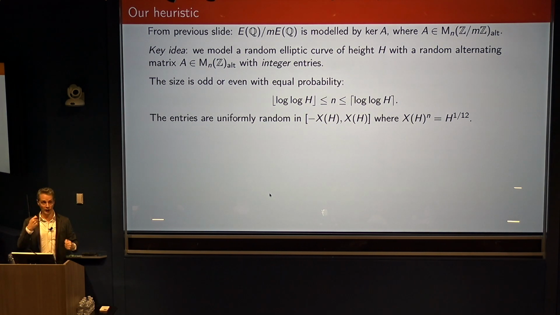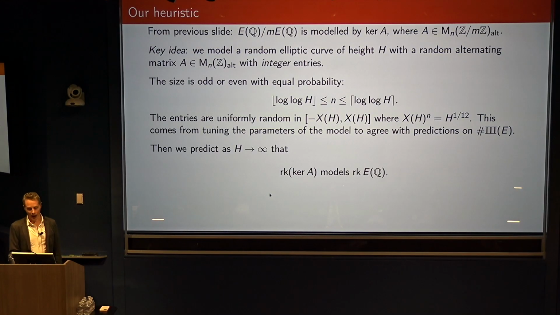It's x to the n combined rather than them separately, but I just wanted to make it concrete to see what it looks like, and it's about h to the 1/12. So if we're going to be compatible with what we know about distributions of Sha and why they predict it, then this is the scale to take. And here's what the model states. Just like mod M, the rank of the elliptic curve should be modeled by the rank of the kernel of this random matrix.